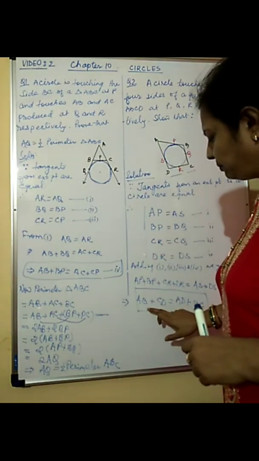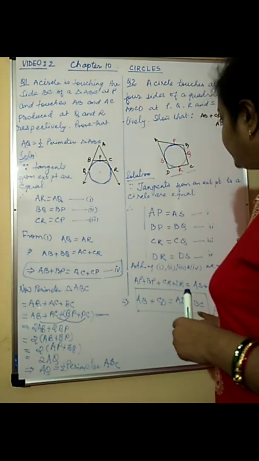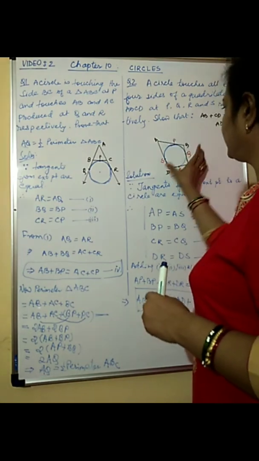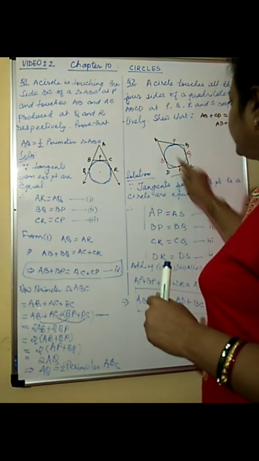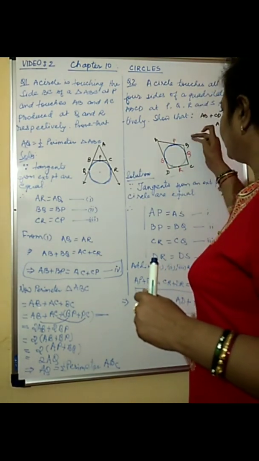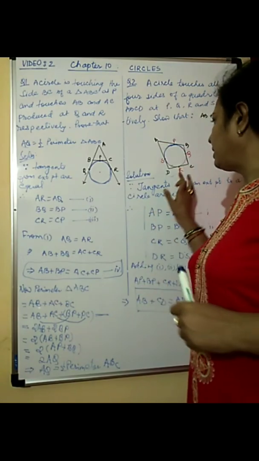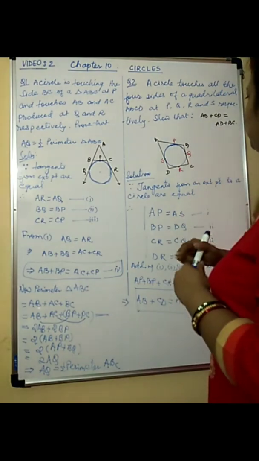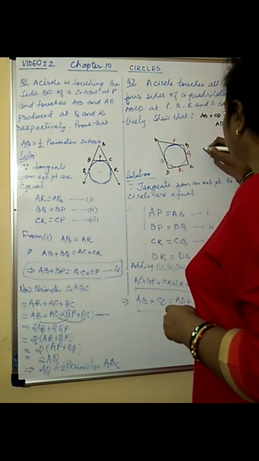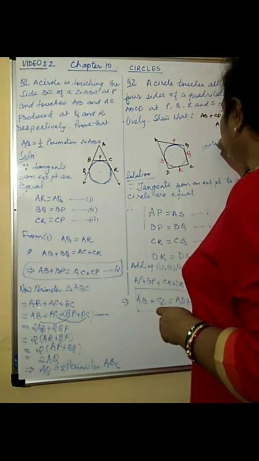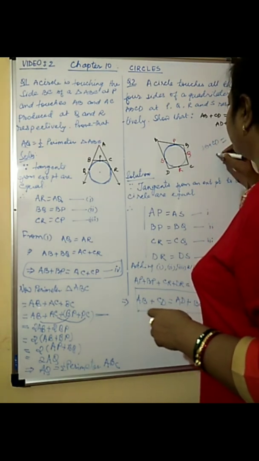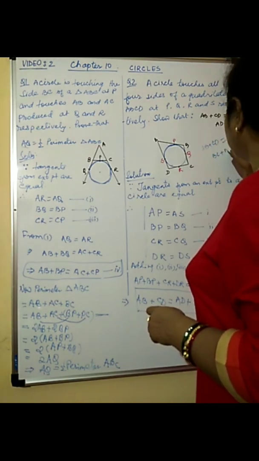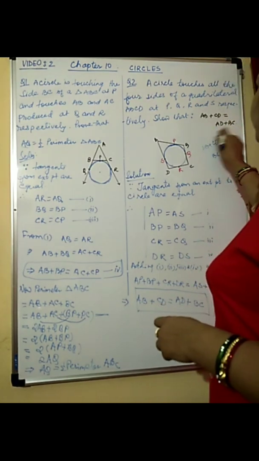Now, here we have proved that the sums of the opposite sides are equal. AB plus CD is equal to BC plus AD. Now suppose it is a parallelogram, then what will be the change? This is what we have proved here.